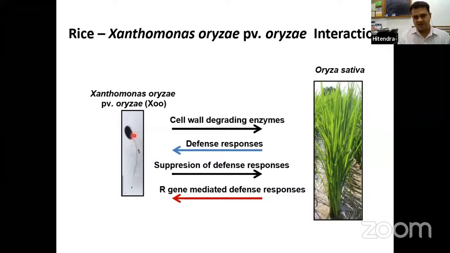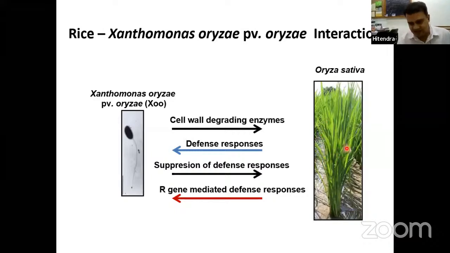What it does is secrete cell wall degrading enzymes, that are virulence factors that degrade the rice cell wall, and that degradation, the plant detects and induces defense responses against the bacteria. Okay, and the bacteria is again smart, so what it does, it suppresses those defense responses. And if it is able to effectively suppress defense responses, that means again it is able to cause disease.